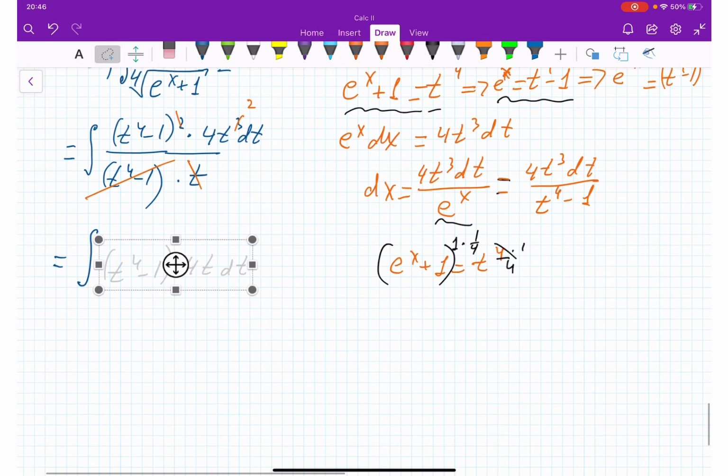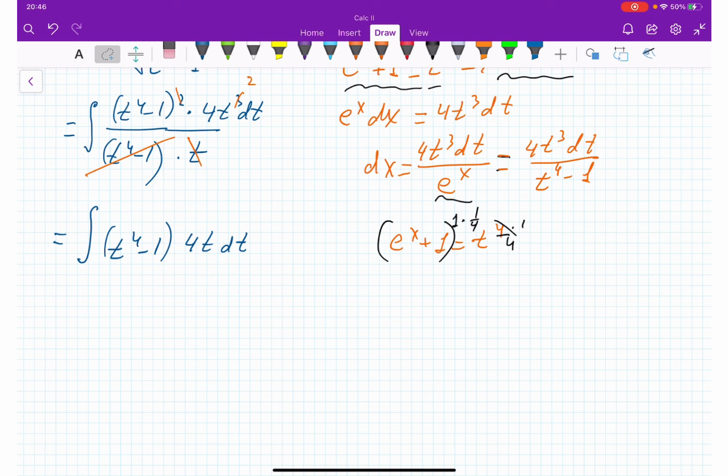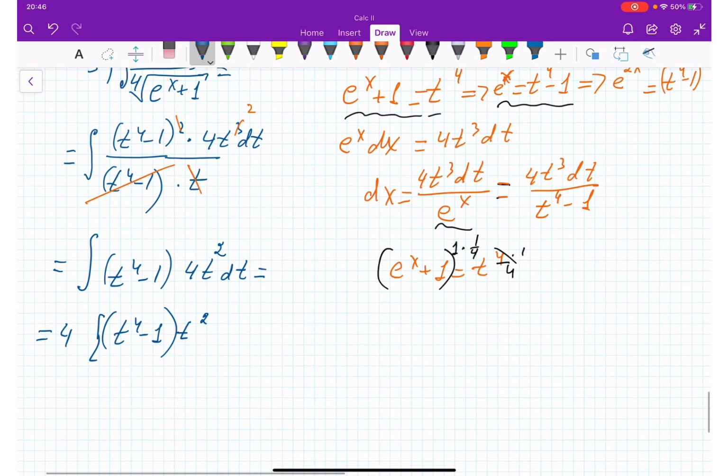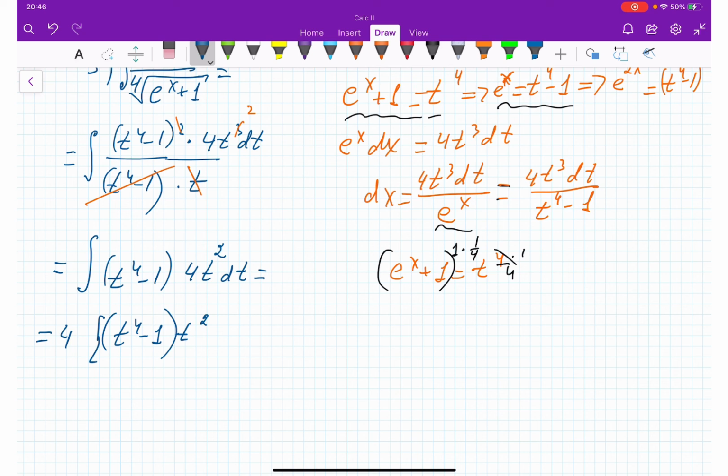From here we take out 4, and it's going to be t to power 4 minus 1 times t squared, dt. I forgot the square right here.